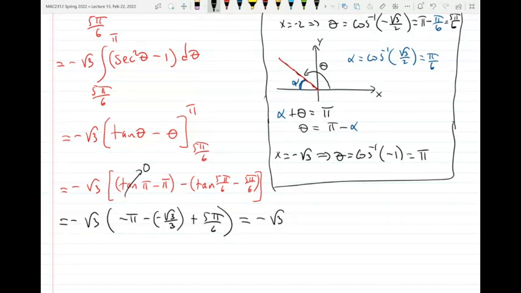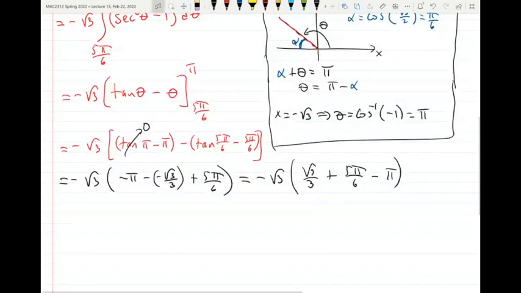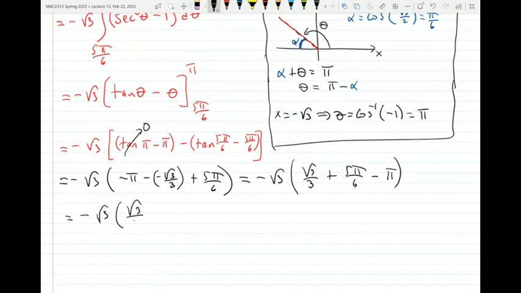So let's see. What is this? That's going to be square root of 3 over 3 plus 5 pi over 6 minus pi. Now 5 pi over 6 minus pi, this is negative pi over 6, right? So that's negative square root of 3 times square root of 3 over 3.